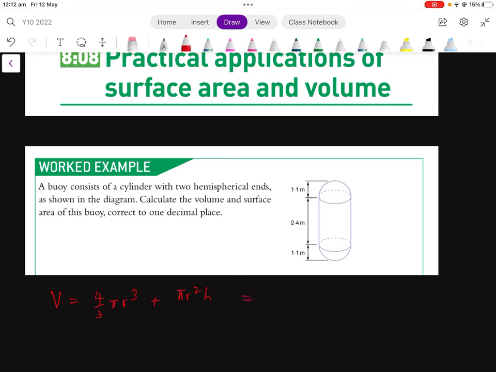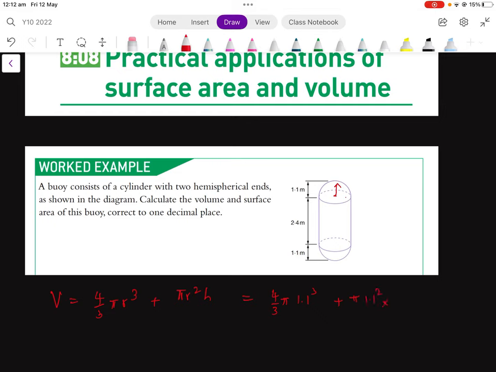Okay, so let's substitute the values. 4/3 pi, what is the radius? This is the radius from the center here, so that is 1.1, so 1.1 cube, plus pi, what is my radius again? The radius for this one is again 1.1, that's a circle, so 1.1 square into h.